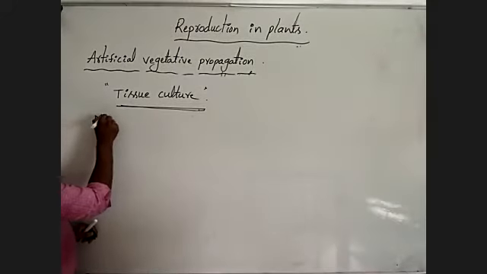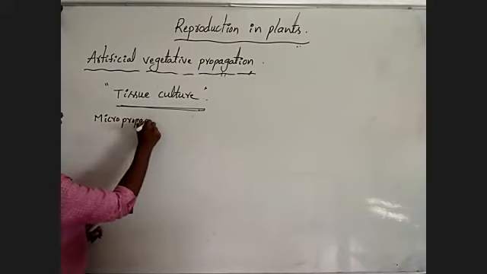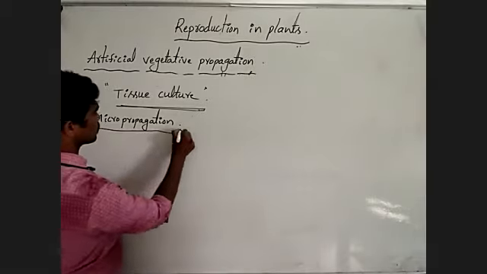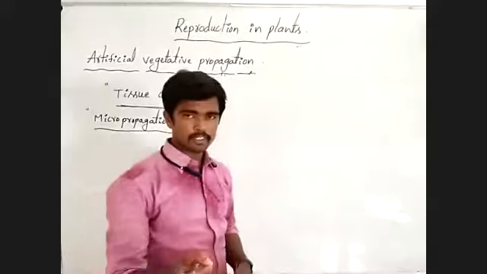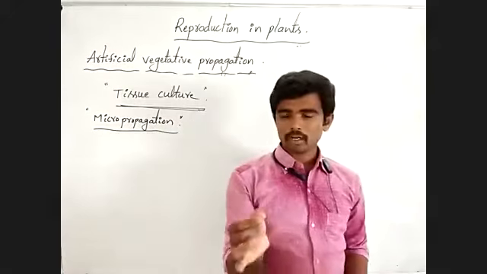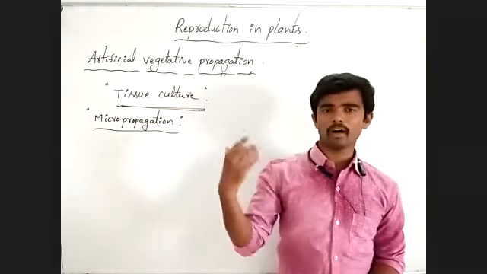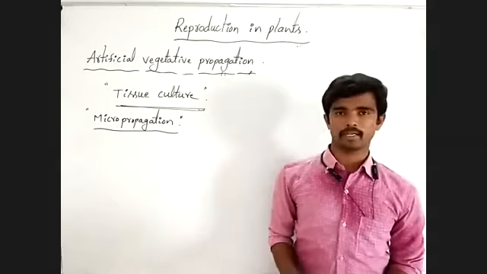Why micropropagation? By using a very small part or small tissue of the plant, we can produce a number of plants within a short period.